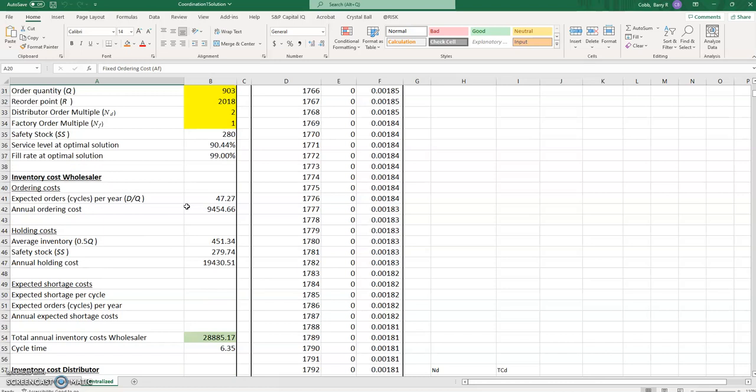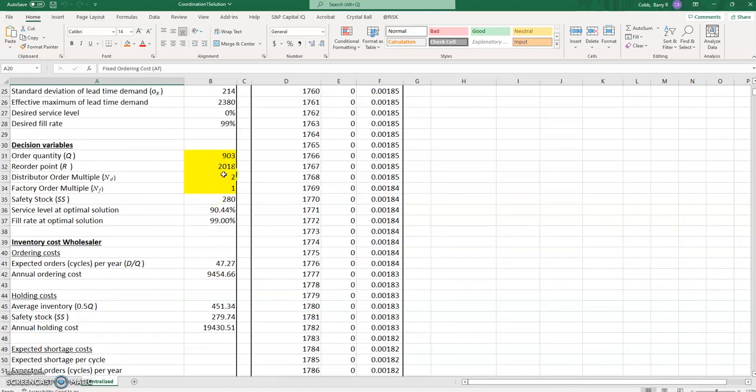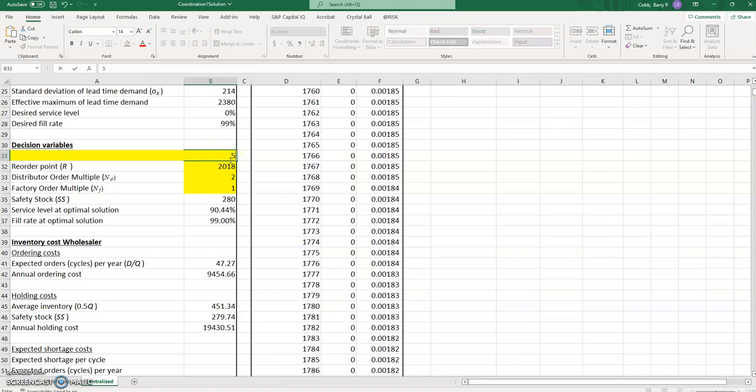In this new process, we're going to simultaneously solve for all of these decision variables or changing cells. So let's just put in some starting values that are fairly large, something like this.